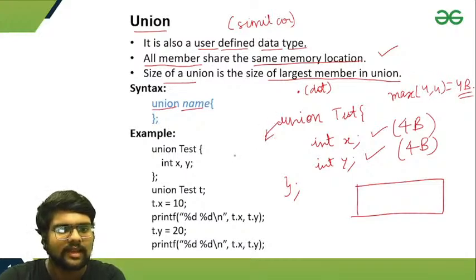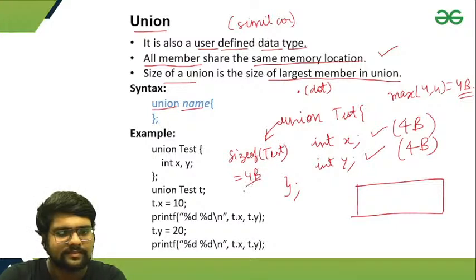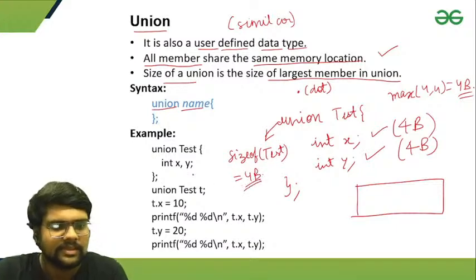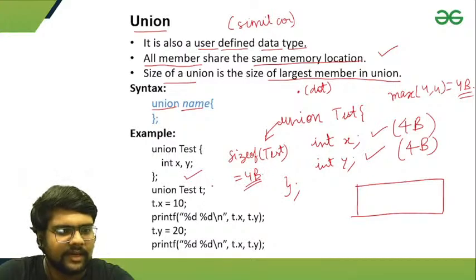When we calculate the size of test using the sizeof operator, it will be 4 bytes. Here I have defined one union, and after that we have created one variable for this union. Then we have assigned t.x equal to 10.